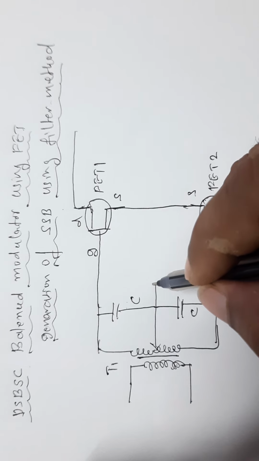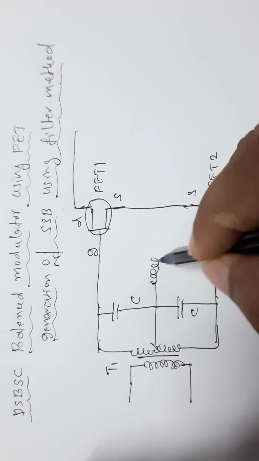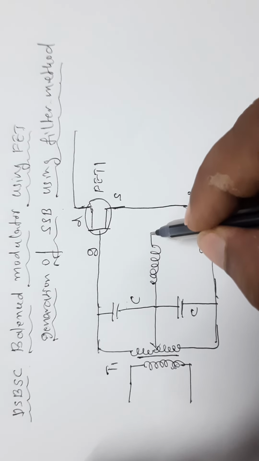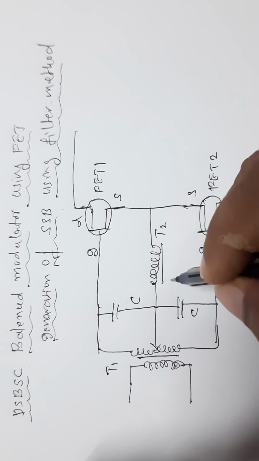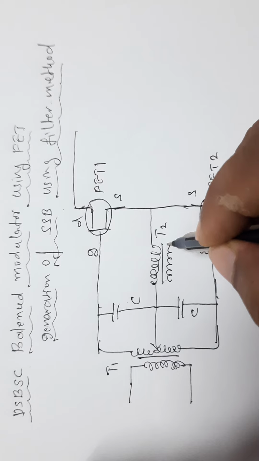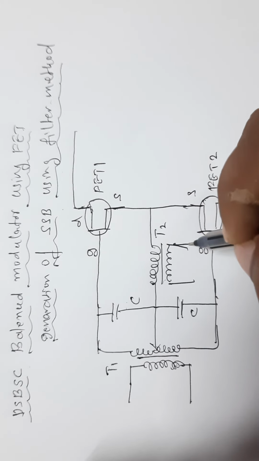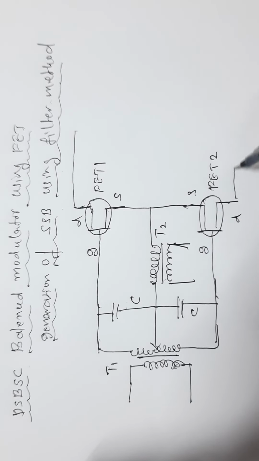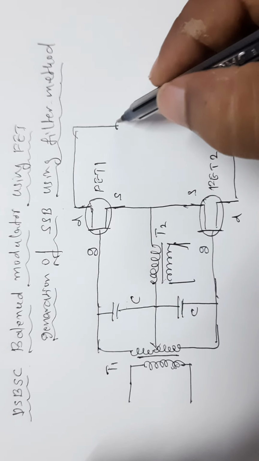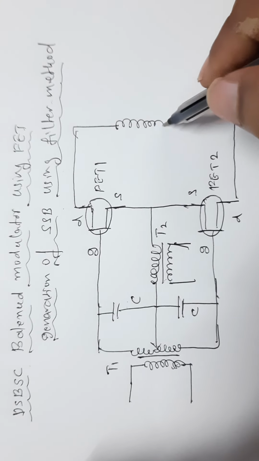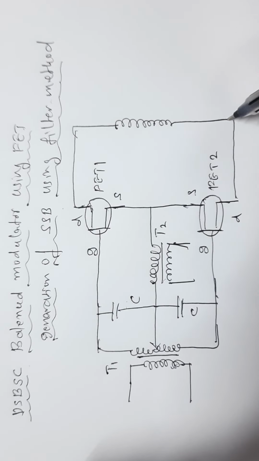Now consider another transformer here. Let T2 be the another transformer, and this is the output transformer T3.